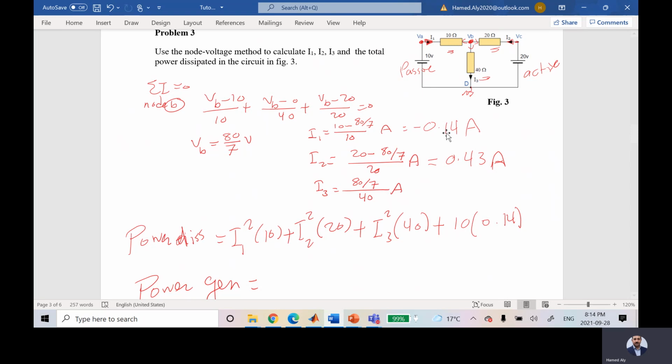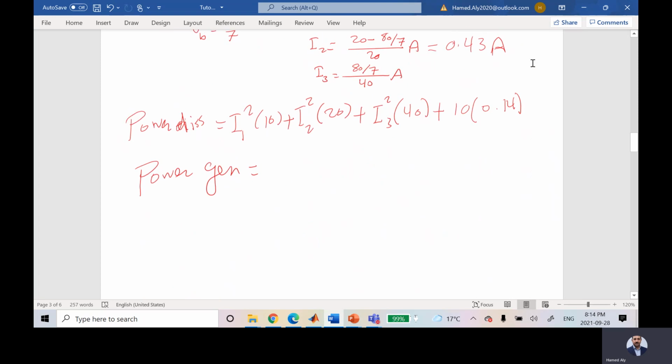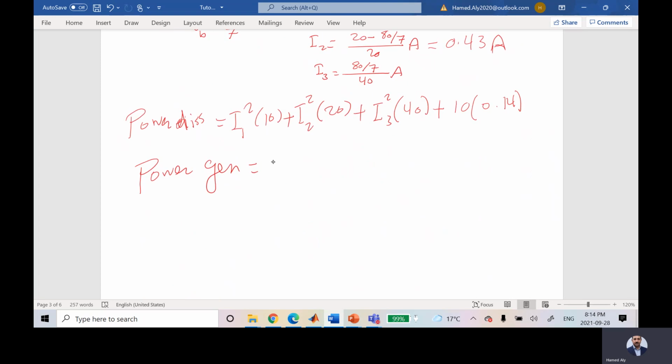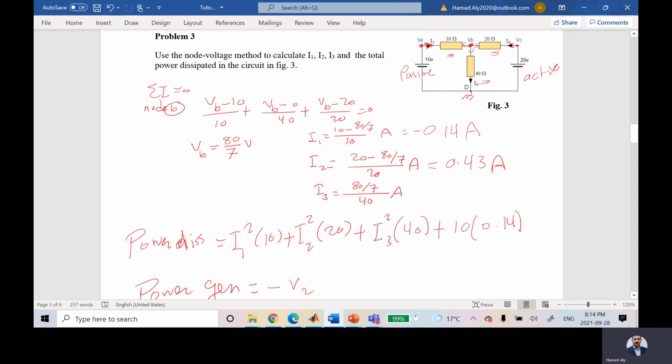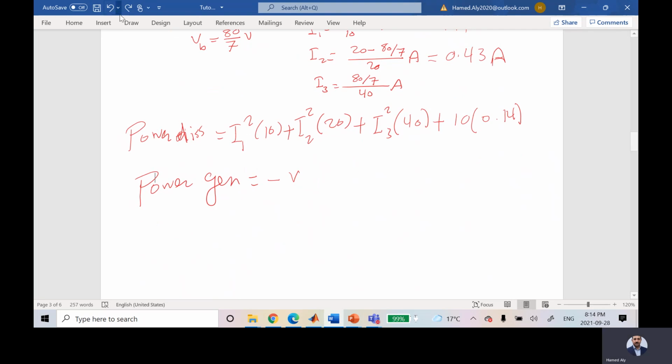I'm solving based on what we got. So I2 times 20, because this is passive, sorry, this is active, so minus V2, or I can say 20 times I2.